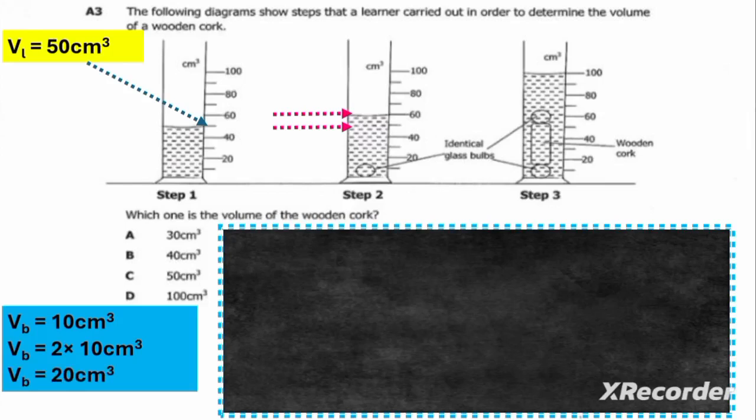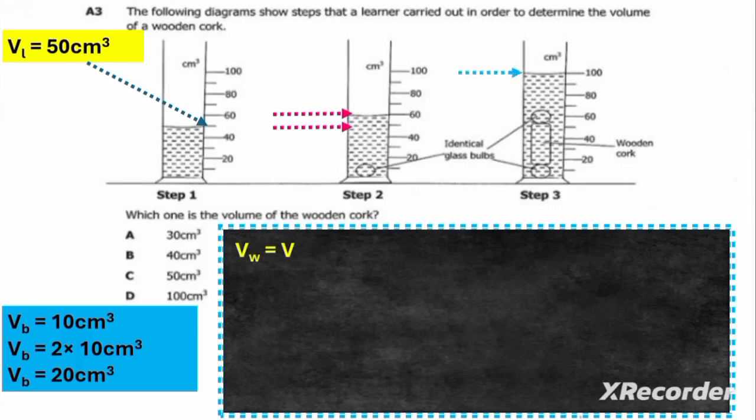So therefore the volume of two identical bulbs is 20 cubic centimeters.